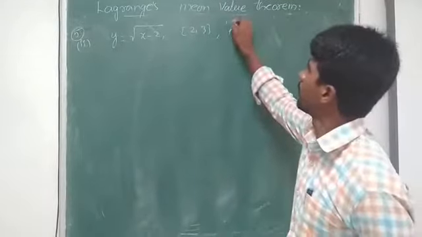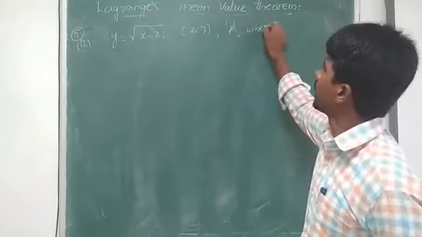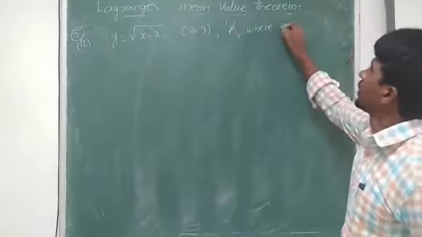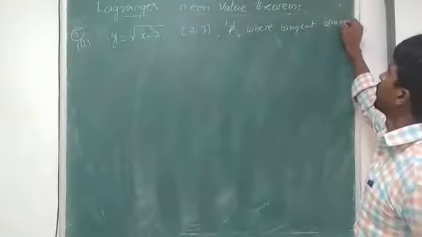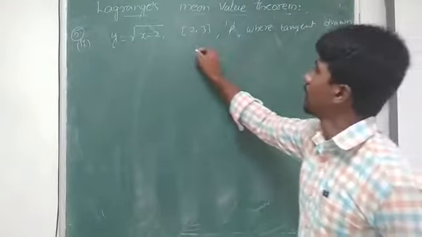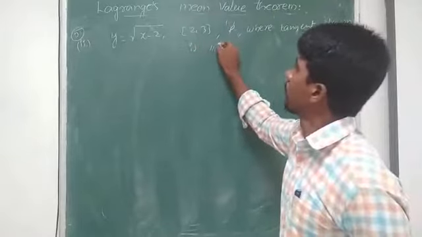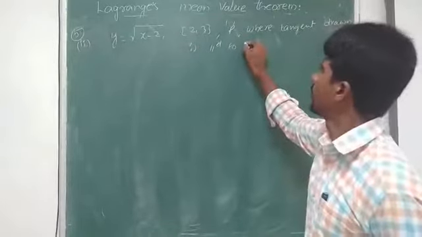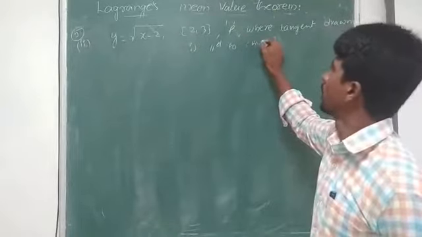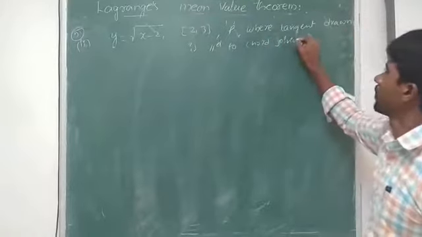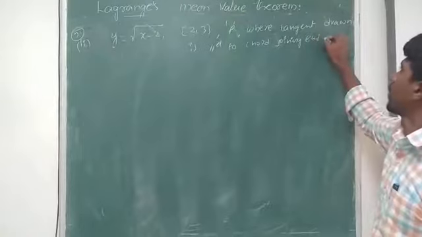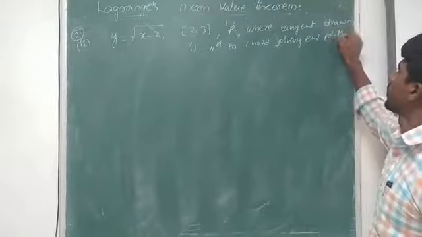Find the point P where tangent drawn is parallel to chord joining end points, right?